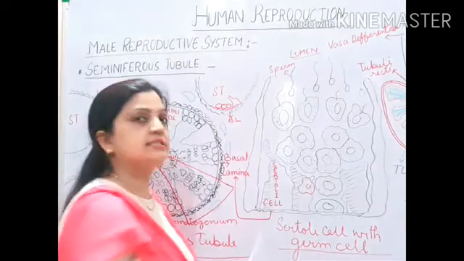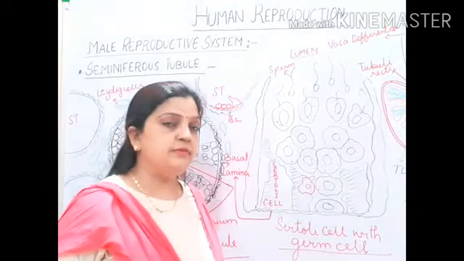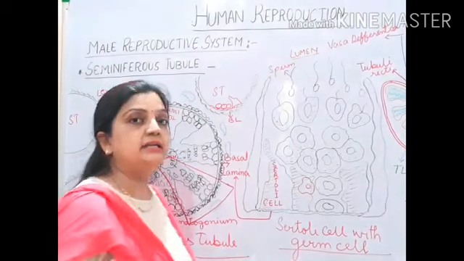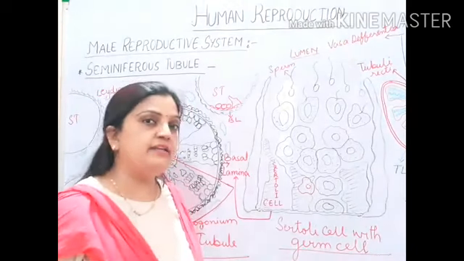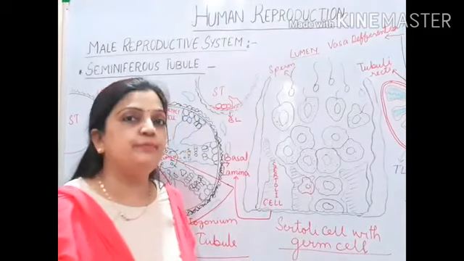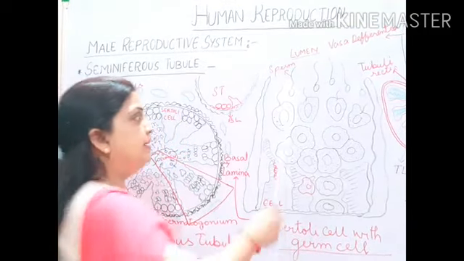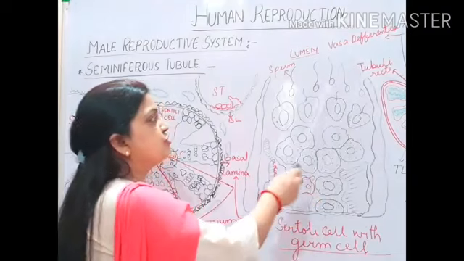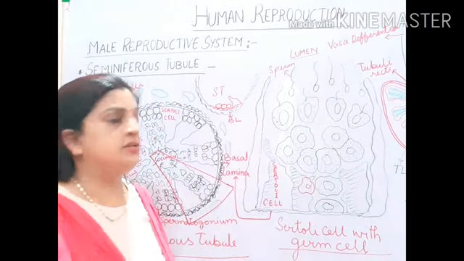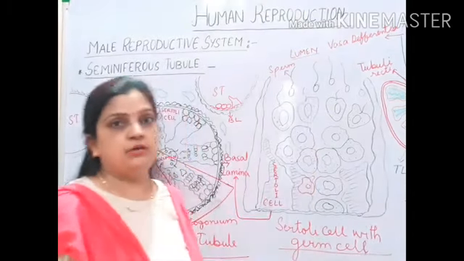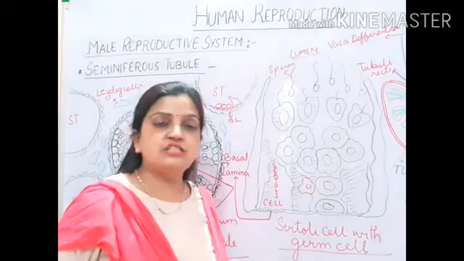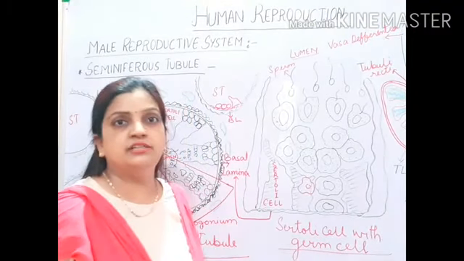These Sertoli cells are helping them to develop and become mature by providing nourishment, by providing nutrition so that they can develop in a proper manner. Here the developmental stage of the spermatozoon is in your initial stage. The sperms have developed now. They are now free to be released into the rest of the male reproductive system.